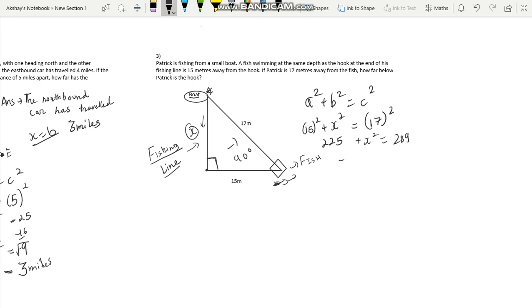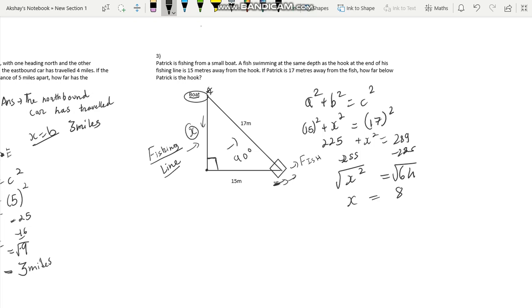Now we have to isolate our x, so minus 225, minus 225. x squared is equal to 289 minus 225, which is equal to 64. We found x squared, we want to find x, so we find the square root of both. The square root of x squared is x, and the square root of 64 is 8.